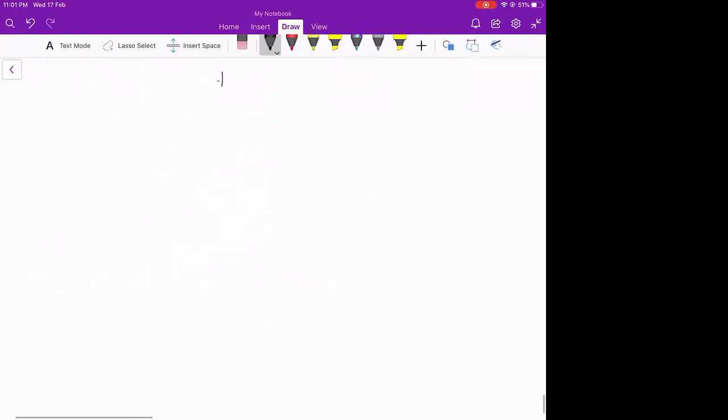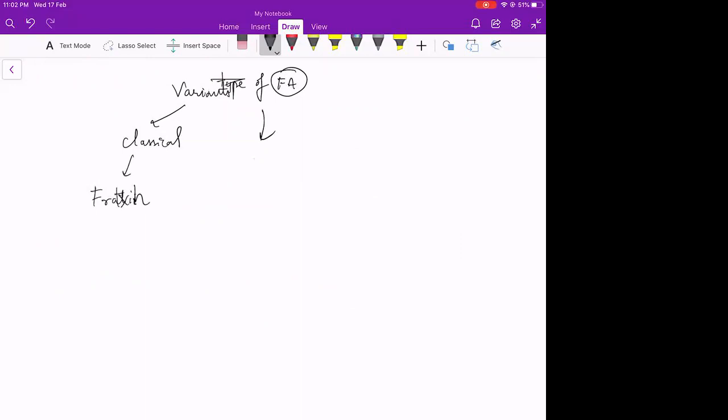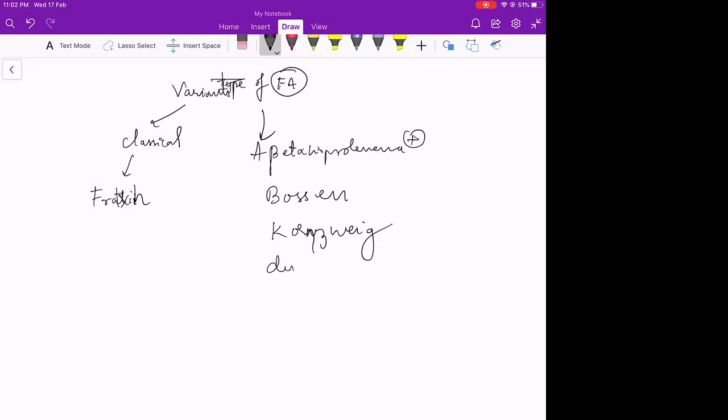So there are types of Friedreich's ataxia. Not types, the variants of Friedreich's ataxia. One is the classical form, where the patient has the frataxin gene affected. Another is abetalipoproteinemia, also called Bassen-Kornzweig disease or syndrome.